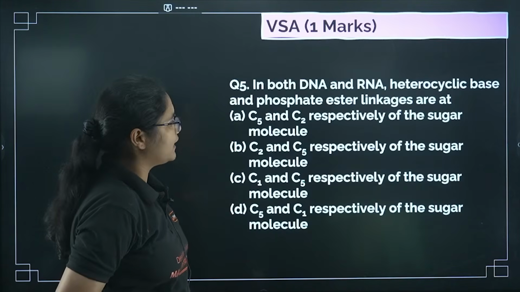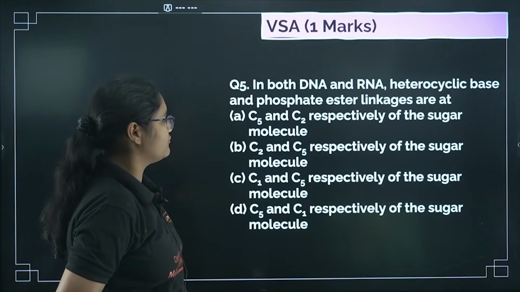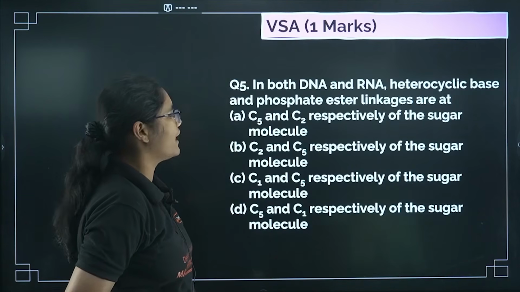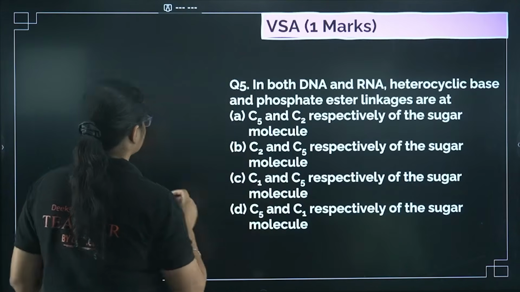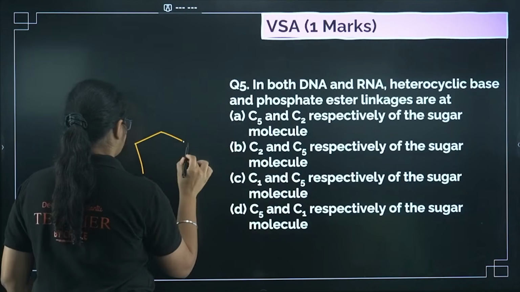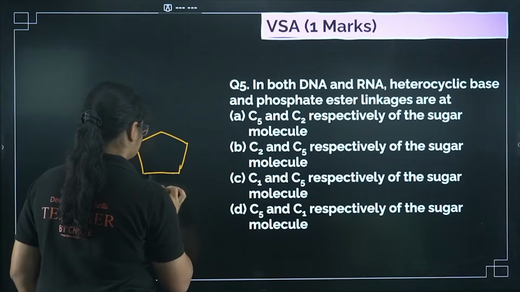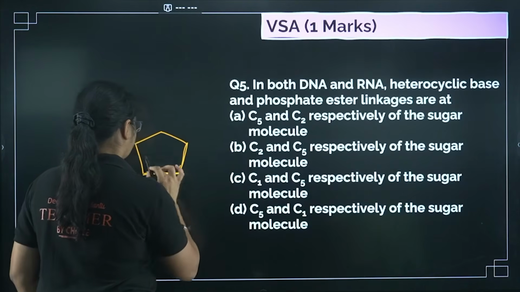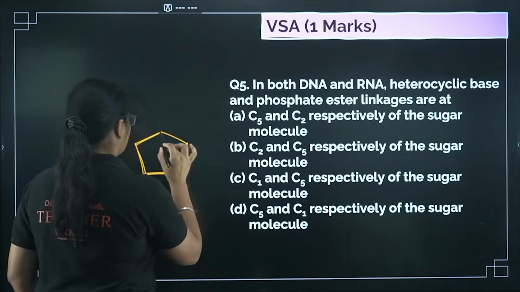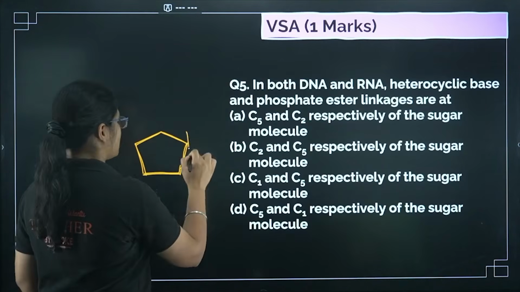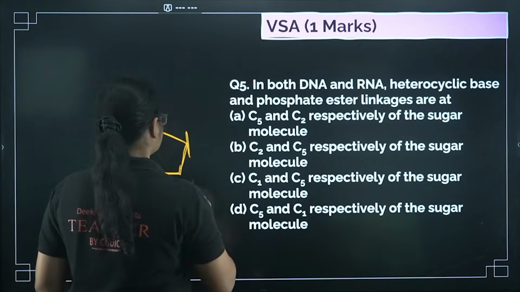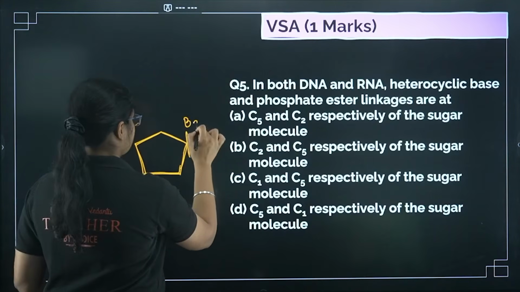Next, in both DNA and RNA, heterocyclic base and phosphate ester linkages are at. If you have a nitrogenous base here, then on this first carbon of the sugar group we have the base.